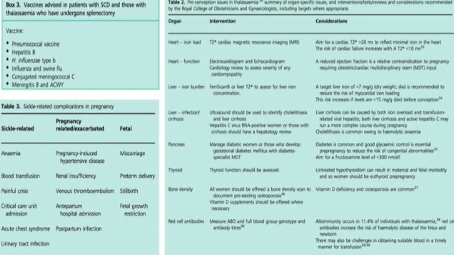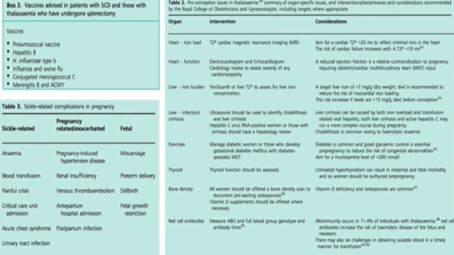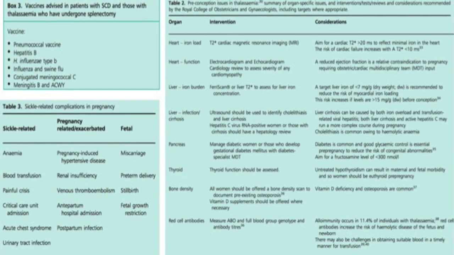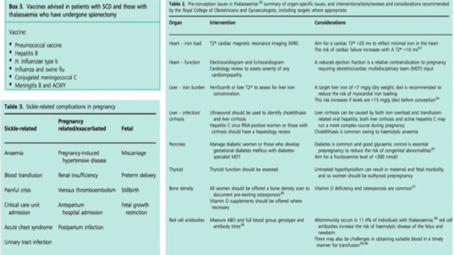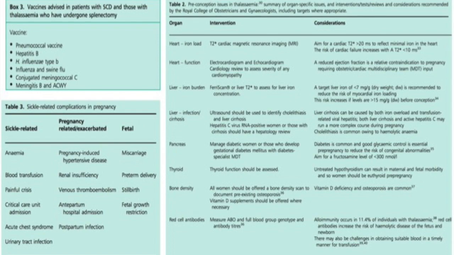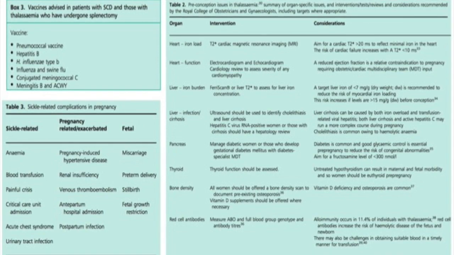Preconception issues in thalassemia, and summary of organ-specific issues with interventions, tests, and reviews recommended by the RCOG, including targets where appropriate. So for thalassemia patients, for the heart, iron overload, so T2 cardiac magnetic resonance imaging, MRI, is recommended.